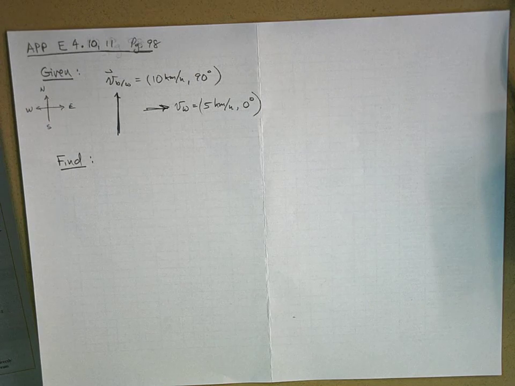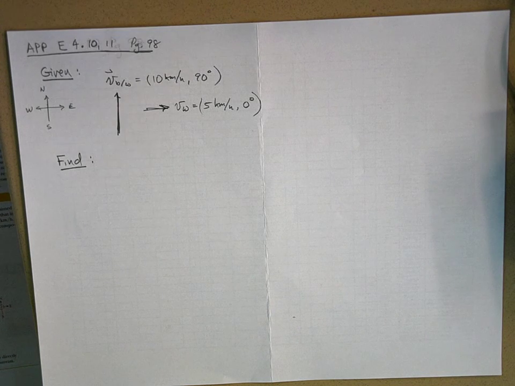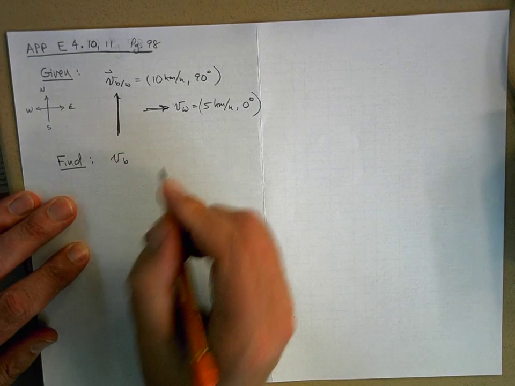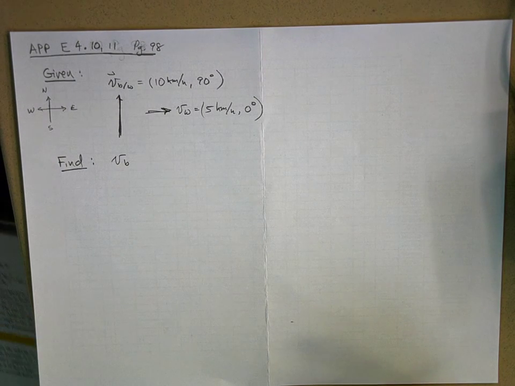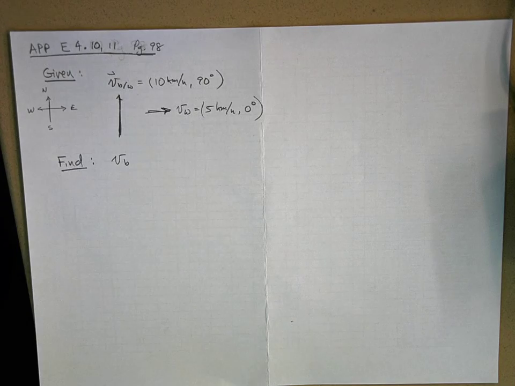It says determine the velocity of the boat relative to the observer standing on either bank. So this will be just the velocity of the boat compared to our stationary reference frame, which is the bank or the ground, the earth, however you want to phrase that.